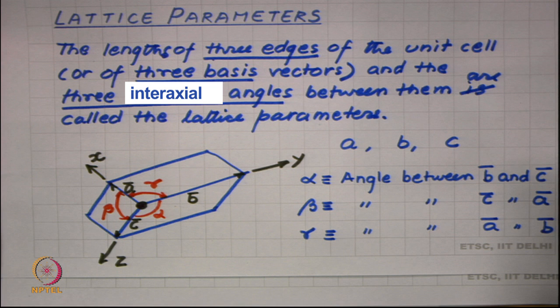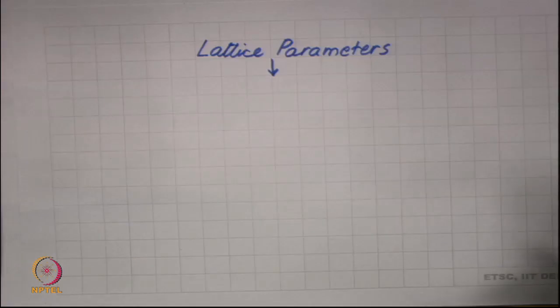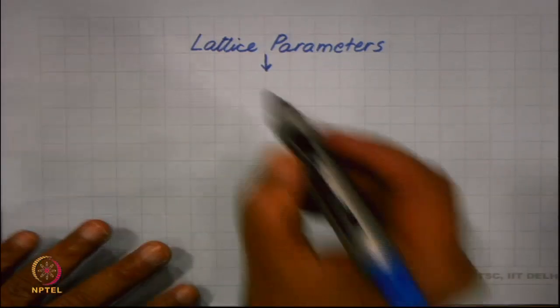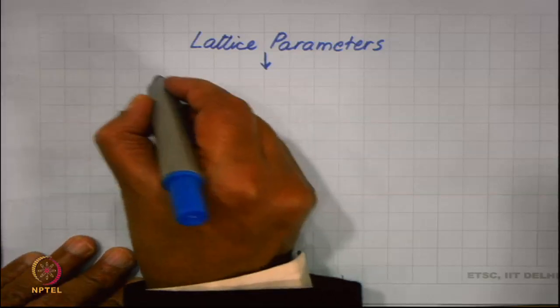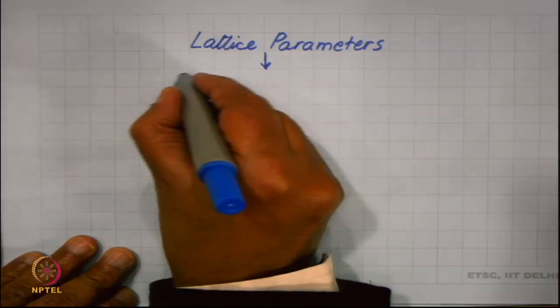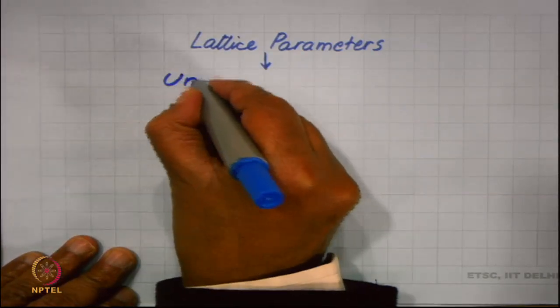Alpha is always taken to be the angle between B and C, and so on. So, once these 6 numbers are given, we have the complete description of the so called lattice parameters of the crystal, which means if we are given the lattice parameters, then we can construct the unit cell of the crystal.